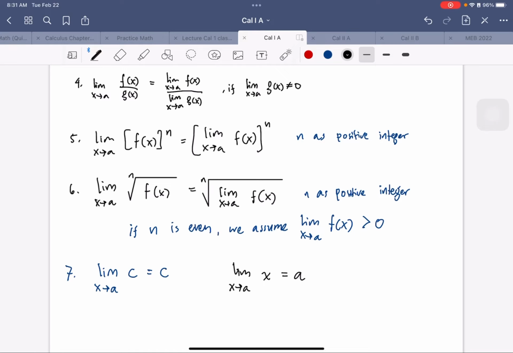This is quite easy to understand because we have some intuitive definition of limit, right? When we approach some function, of course we approach according to the x-axis, how close x is to a.